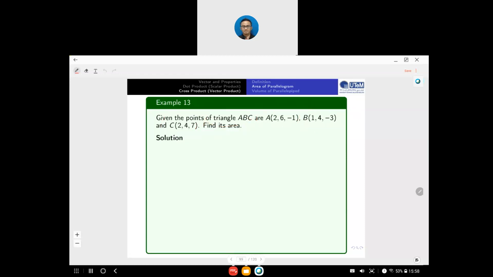First you need to find vector AB. Vector AB, you can get negative 1, negative 2, negative 2. And then vector AC, you get by point C minus point A. So you can get 0, minus 2, and 8.